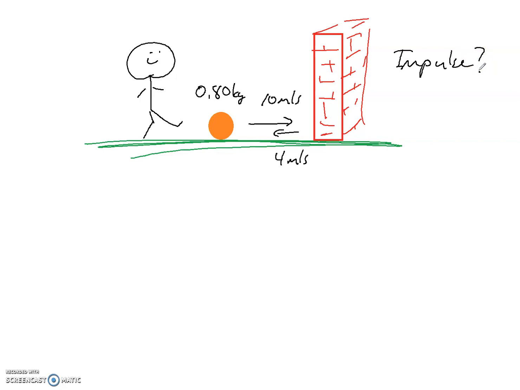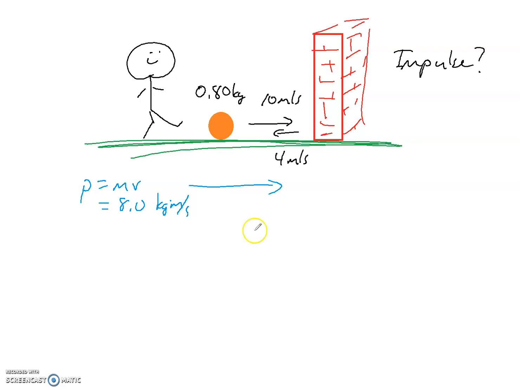Okay, well, let's just start by finding momentum. On the way there, P equals mv, I've got the 0.8 and I've got the 10. Multiply those together, and you would have 8.0 for momentum on the way there.